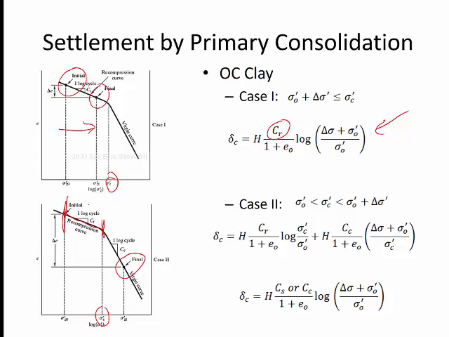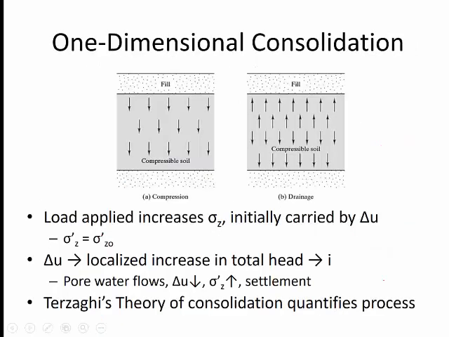Once it hits its past maximum, it will then begin to follow this behavior. And so we must use two terms of our settlement equation. That leads us to understanding the prediction of the ultimate settlement that could occur when a stress is applied to the soil sample.